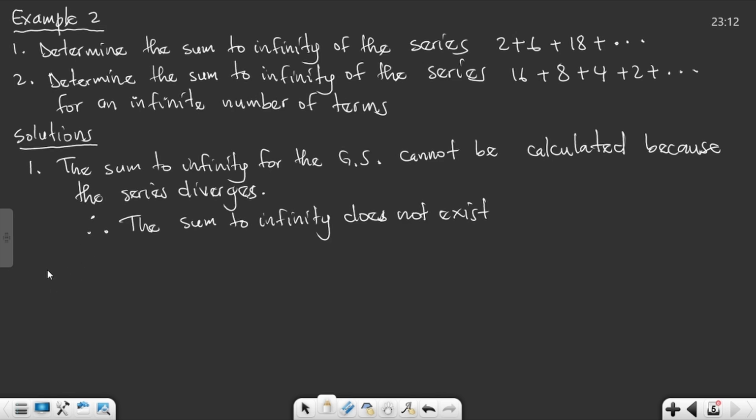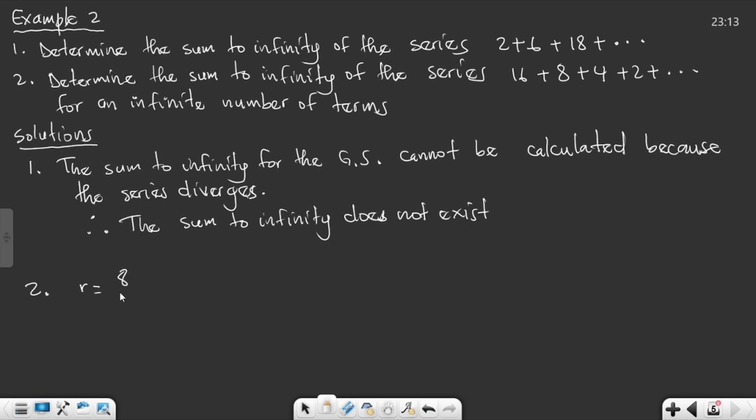Okay, let's move on to question 2. We have answered question 1. In question 2, they said determine the sum to infinity of the geometric series, which is 16 plus 8 plus 4 plus 2 and so on, for an infinite number of terms. Let's check first what is the value of r. The value of r is equal to the next term divided by the previous term.